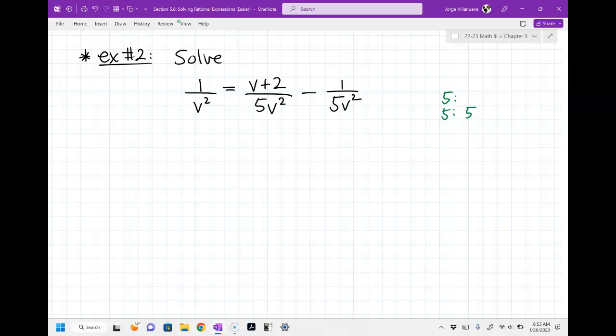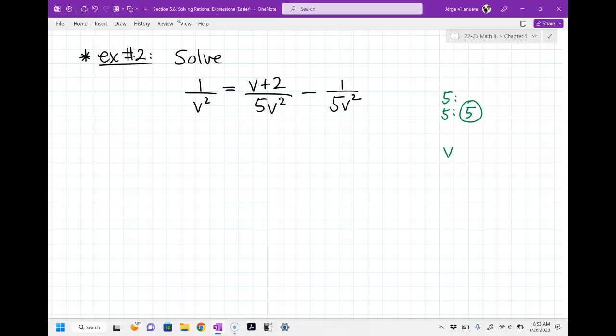Does the other 5 go into that 5 that I just wrote down? Yeah, right, it goes in once. So numerically, my LCM is a 5. Then I notice there's V's there, so I'm going to put a V here, and then I'm going to say, what's the highest power that a V has? Well, they all have powers of 2, so that means the highest powers are 2.